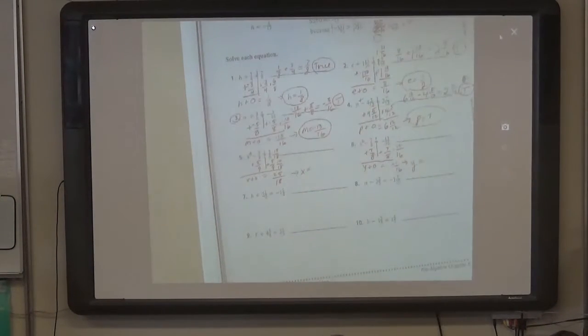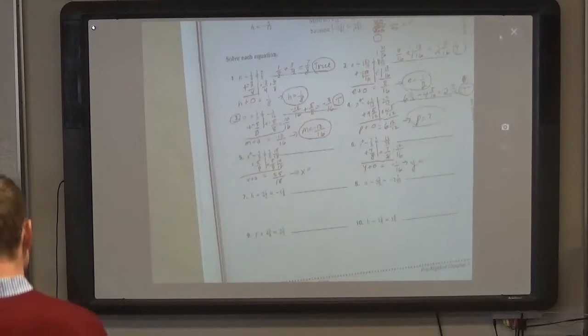True. Number 7. Make sure you go back and circle all of your solutions. See how I have circled the solutions?